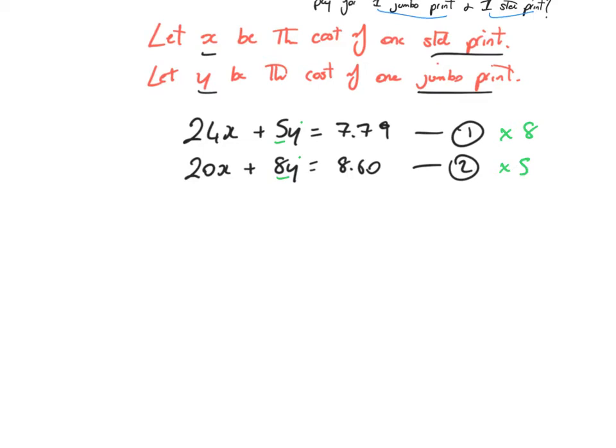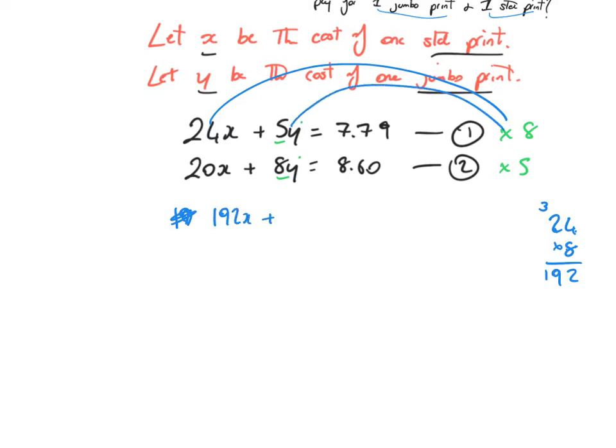Okay, so let's just take our time. 24 times 8. Well, let's go to the side for that. 8 4s are 32, 2 down carry 3, 8 2s are 16, plus 3 is 19, so 192x. And 5 times 8 is 40y, and then it's £7.79 times 8.